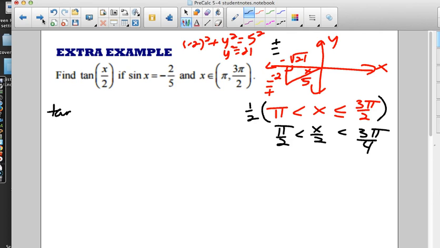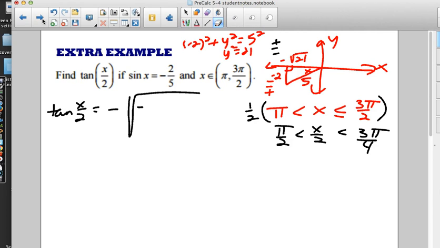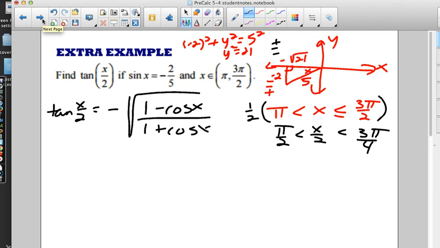So we want the tangent of x over 2, and we already realize that's going to be negative. So we're not going to do the plus or minus thing in front of there. And 1 minus cosine of x over 1 plus cosine of x.